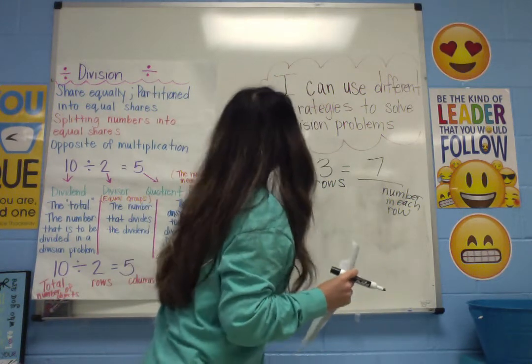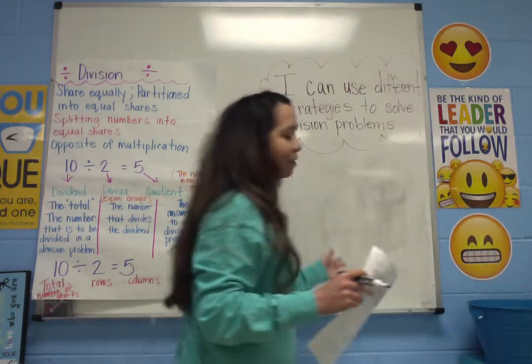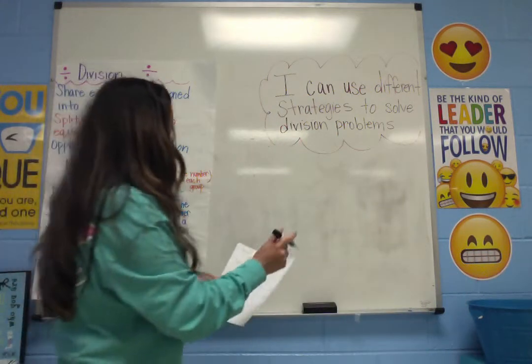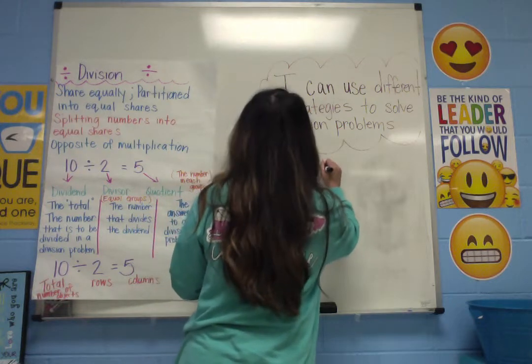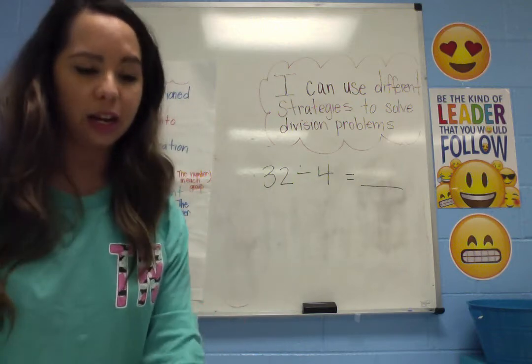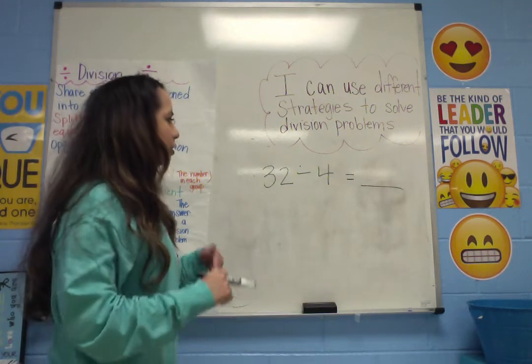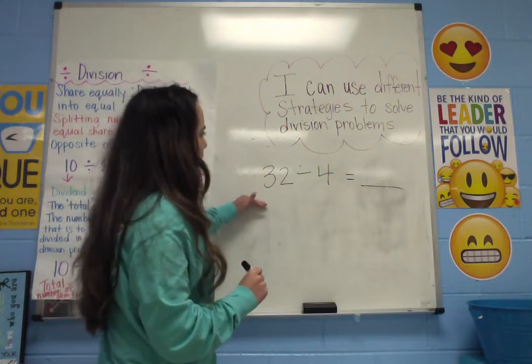All right, and the third strategy, I've kind of already been showing you guys. The third strategy is using multiplication facts, our knowledge of our multiplication facts. And this is when you can still draw a picture like an equal groups or an array. So 32 divided by 4.